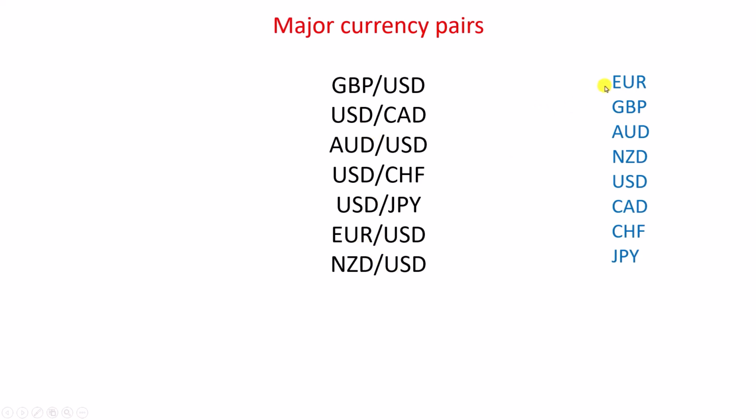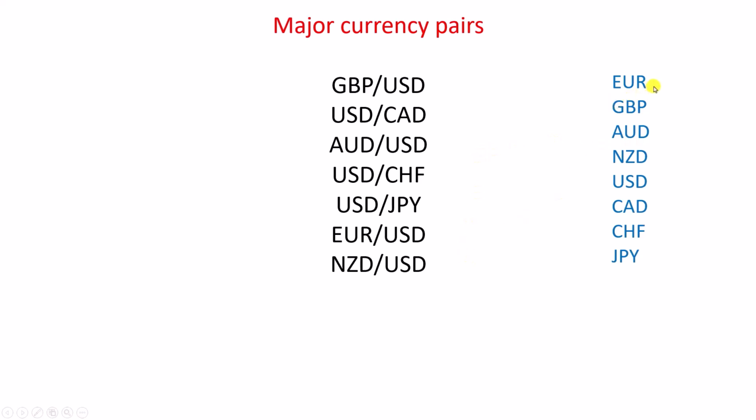Euro is top of the list, and so euro is the base currency. Then GBP. If GBP is in the currency pair along with any other, GBP will be first. So you can see GBP in the beginning. Next is AUD and so on.